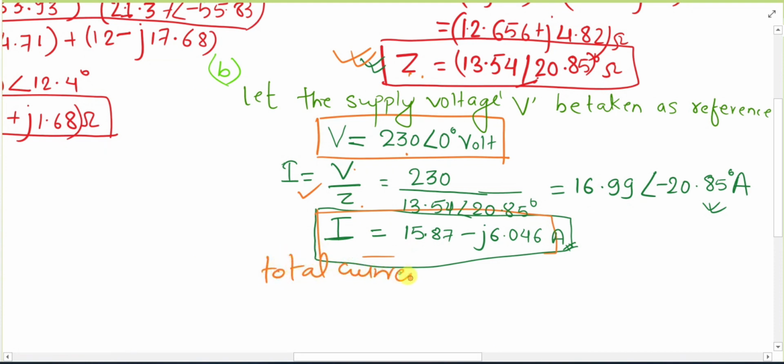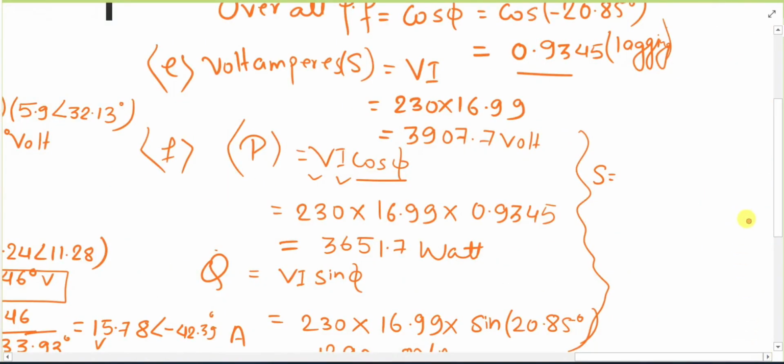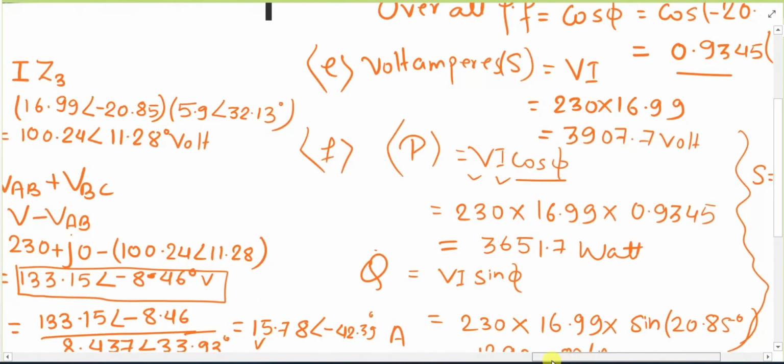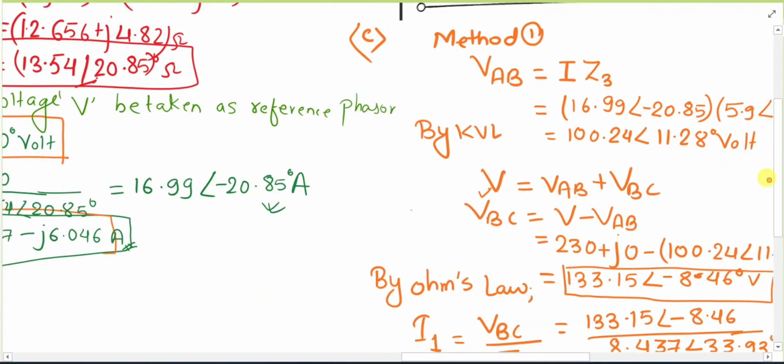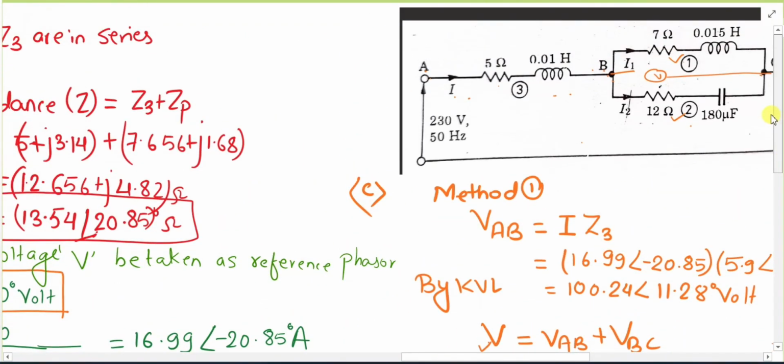Once you identify the total current, the next task was to identify the current through each branch. The current flowing through branch 3 is the same total current, but we don't know how much current is flowing through I1 and I2.